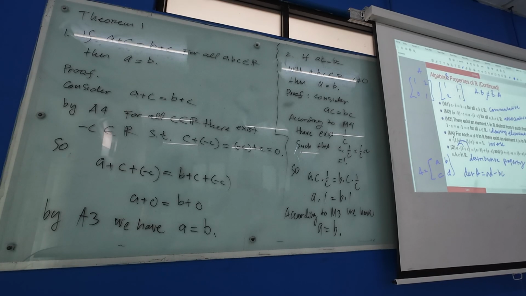That's why we prove it first, and after we prove that, we can use it. Okay? That's the steps. Unless there is a statement that you can use. But if there is no statement that you can use, you must prove. Any question?